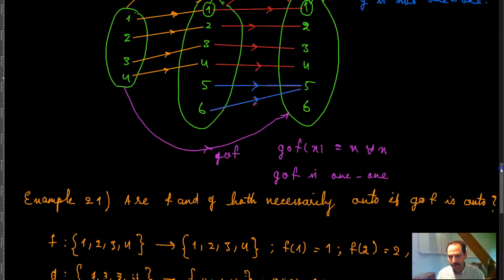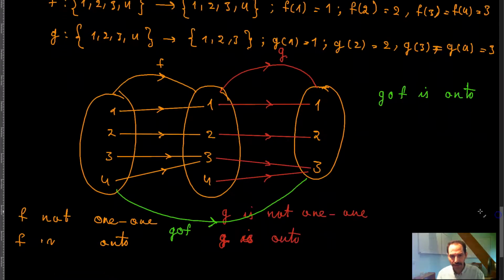Now when it comes to this case over here, as you can see, g∘f is onto, in spite of the fact that the first function, or f, is not onto. So when it comes to onto, it's possible that the first function is not onto, but then g∘f is onto.